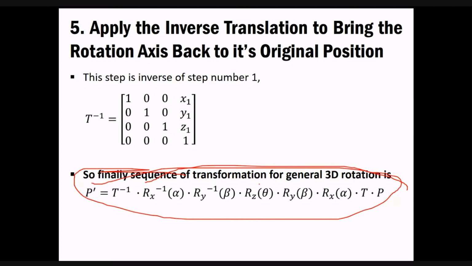Once we see the example, it will be more clear to you. We don't have any such difficult thing over here, just operations we have to perform. You just have to multiply, and nothing else is to be done. So these are the things.